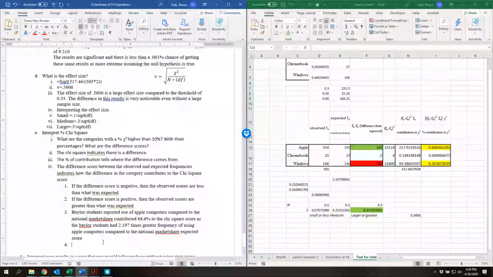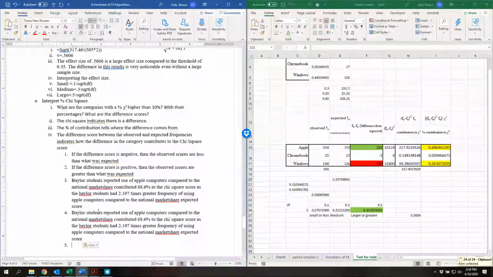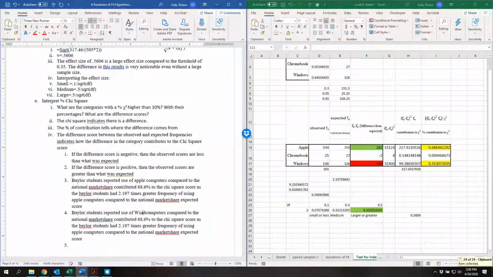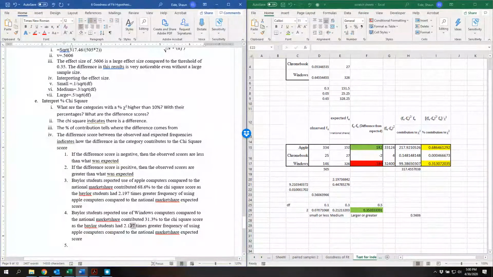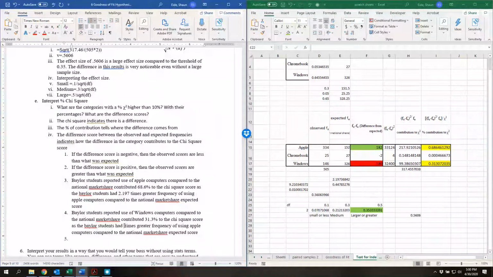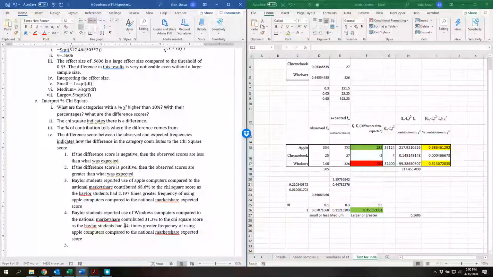Conversely, we can just copy this, Control C, Control V. Baylor students' reported use of Windows computers compared to the national market share contributed 31.3% to the chi-squared score, as Baylor students had, and once again we're going to take equals 146 divided by 326, had 44.8%.